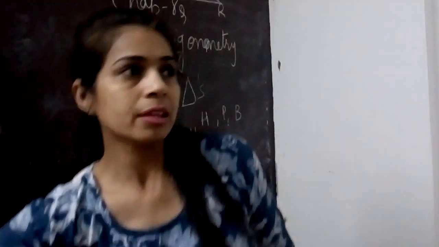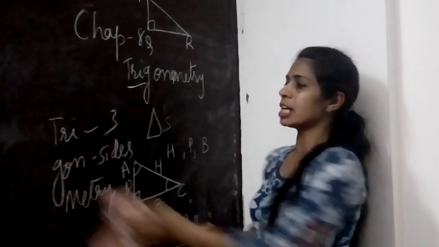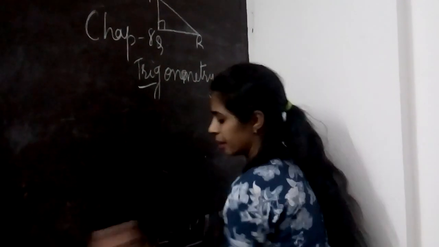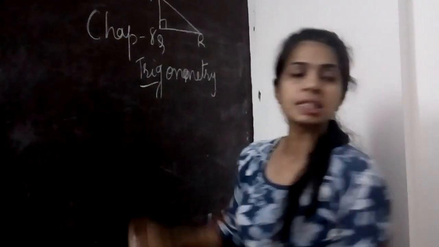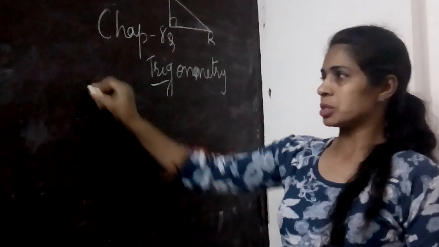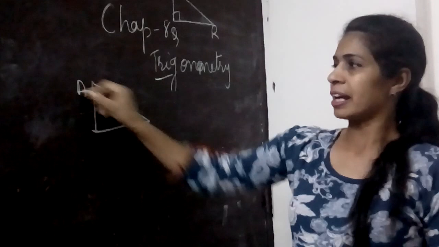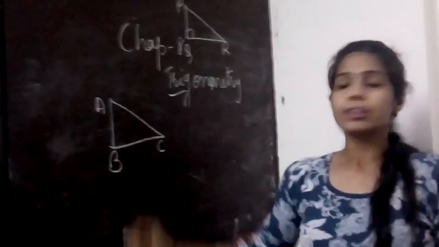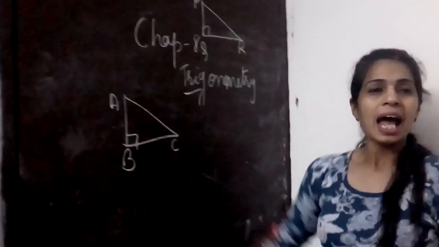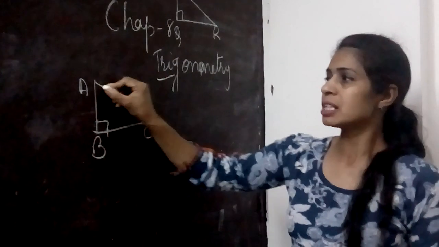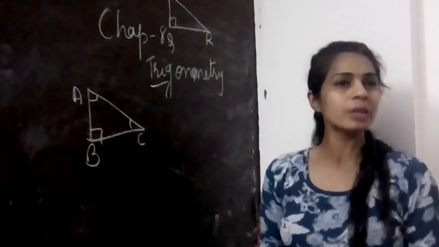In class 10, there are specifically 6 trigonometric ratios in a right angle triangle. As we have already discussed, we will be talking about only acute angles.